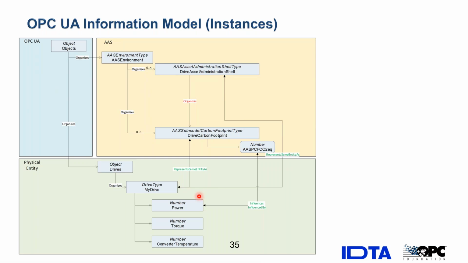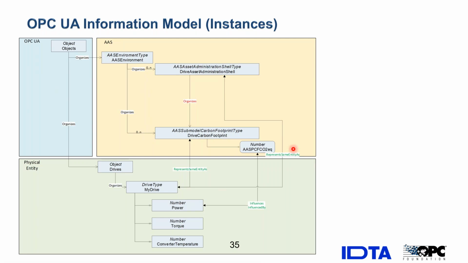That references bring them in a relationship between the OPC UA instances and the AAS instances. For example, we have that power value here from the drive, that is the current consumption. And we have the AAS product carbon footprint CO2 equivalent here. This is not the same value.